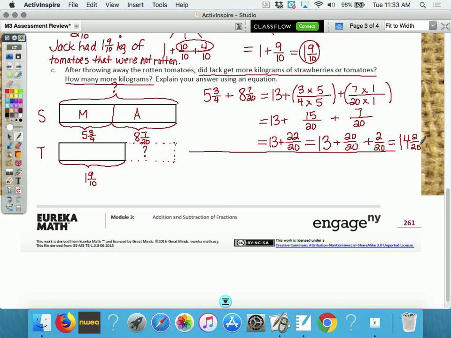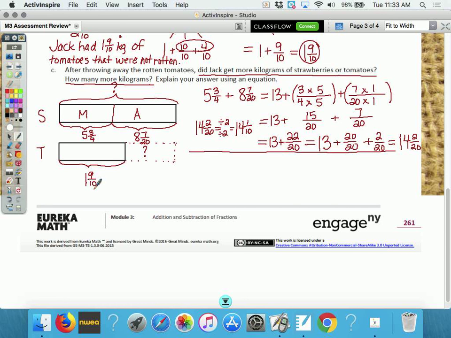Good job, Lexi. So how will I simplify 14 and 2/20ths? I'm going to have to do it over here because I'm out of room. 2 divided by 2, 20 divided by 2. So it's going to be 14 and 1/10. That works out very well for the second problem we need to do. Look at the denominator on the second.